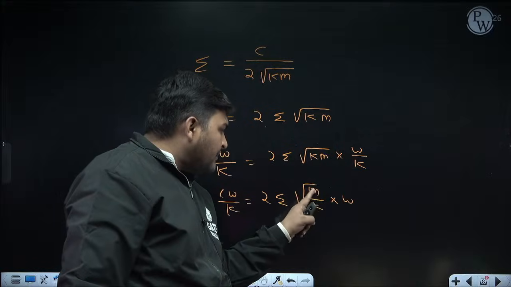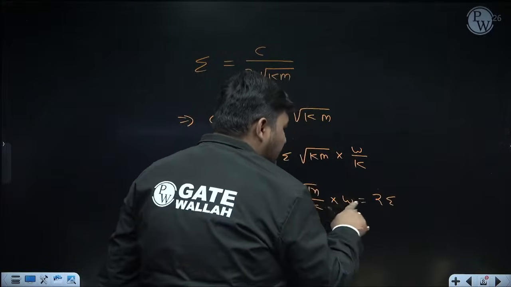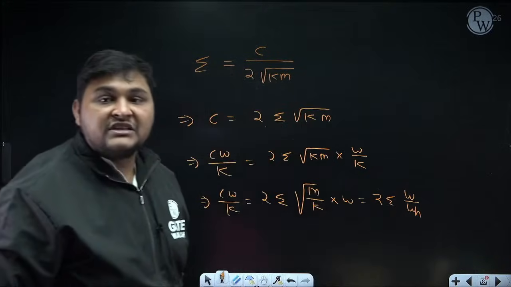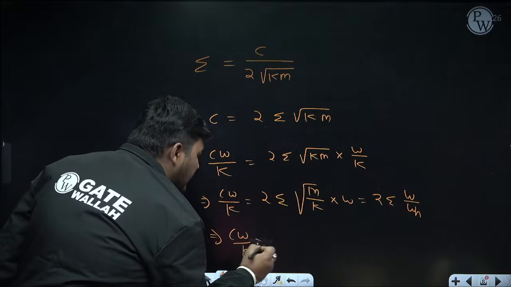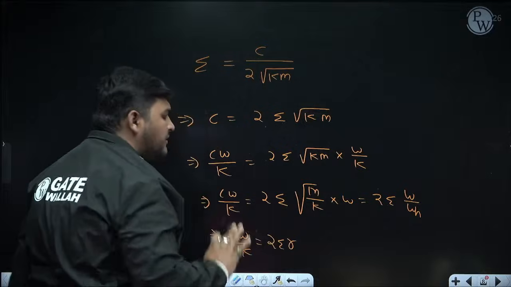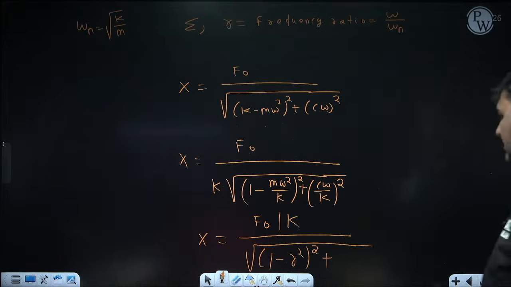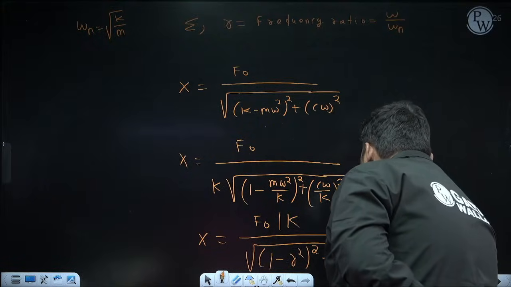So ultimately it is 2 zeta, 1 by omega n into omega, meaning omega by omega n, and omega by omega n is nothing but r. So can I say c omega by k is 2 zeta r? You need not remember this. This is only for derivation. So we come to know c omega by k is 2 zeta r, so I am replacing this with 2 zeta r whole square.